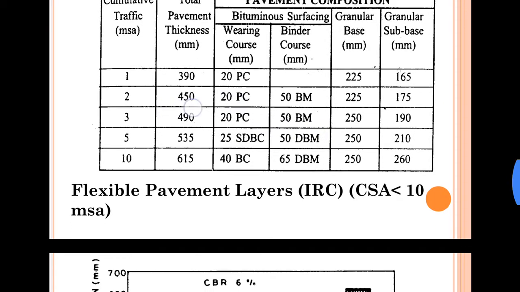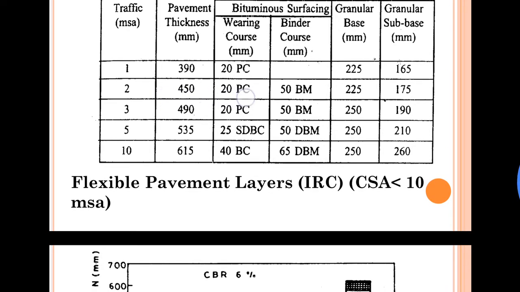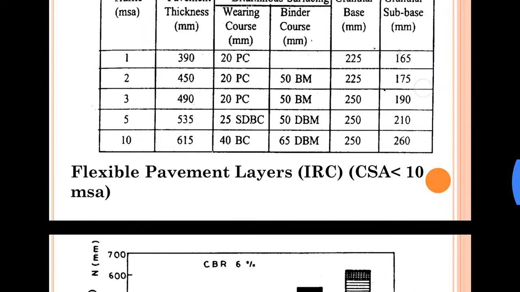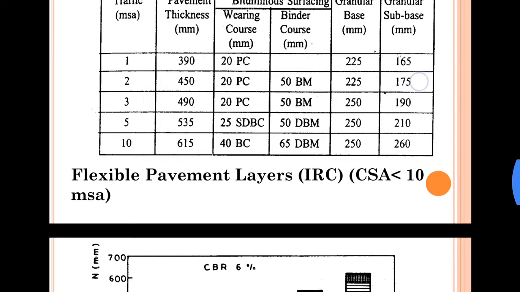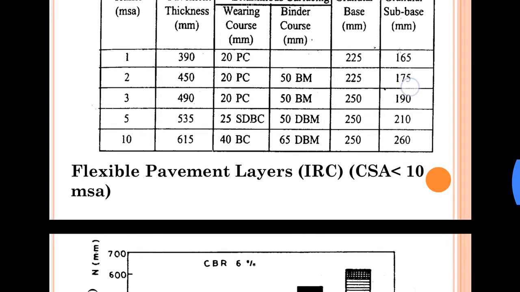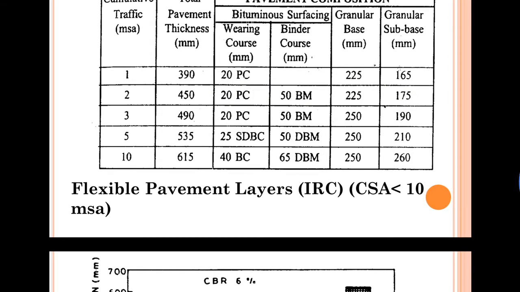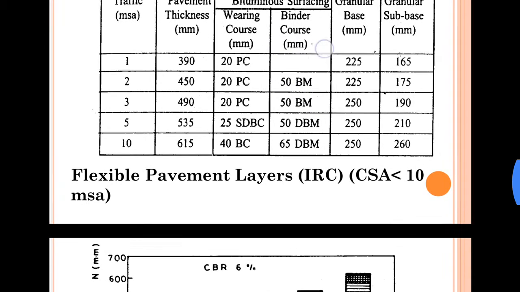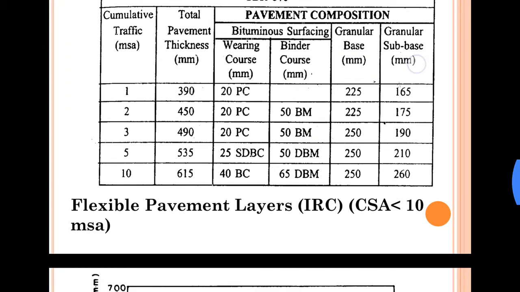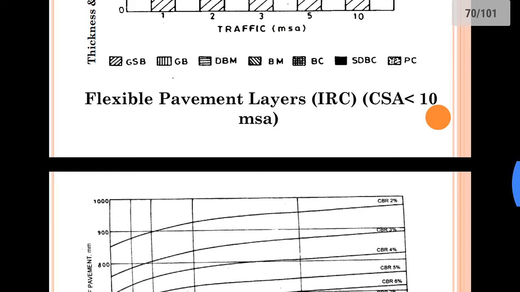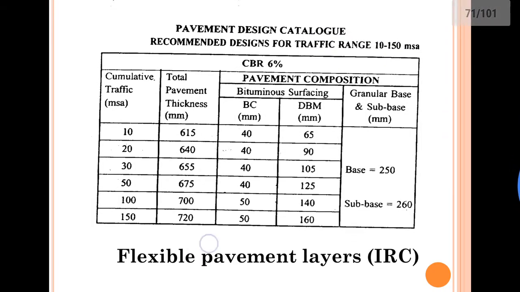Whatever thickness you have obtained, then you can decide the thickness of the different layers which are being used in your road. What would be the thickness of wearing course, what would be the thickness of binder course, base and sub base. So this is how you design using IRC 37.